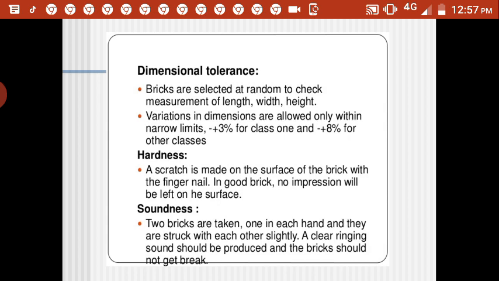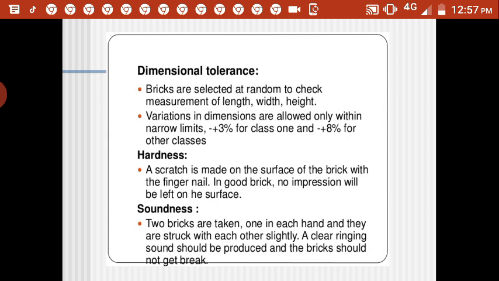Whatever we are talking about for the soundness test, we are going to conduct it on concrete also. The ringing type of sound is heard when you take two concrete blocks and strike them against each other.